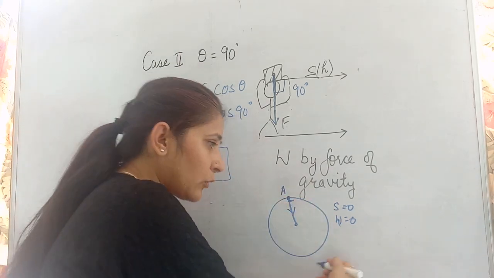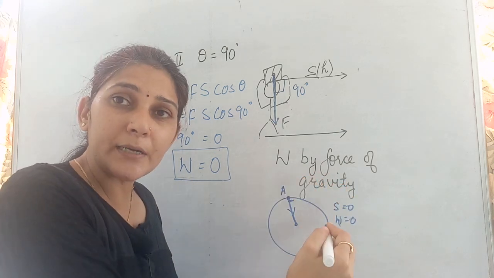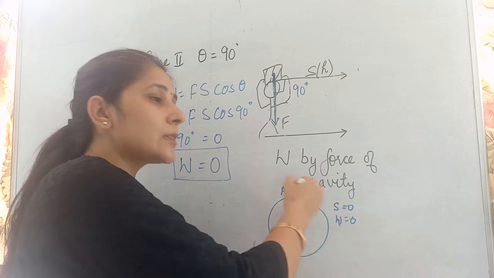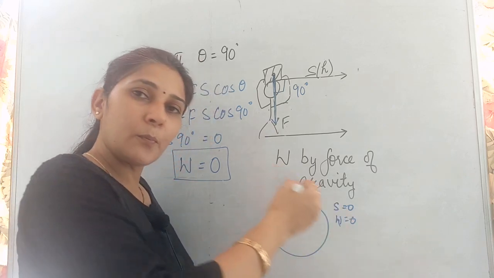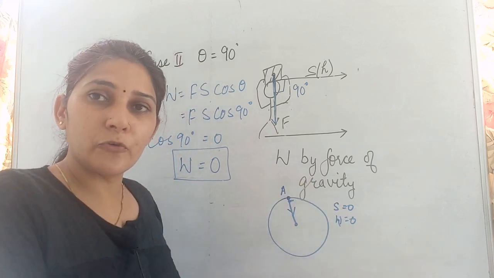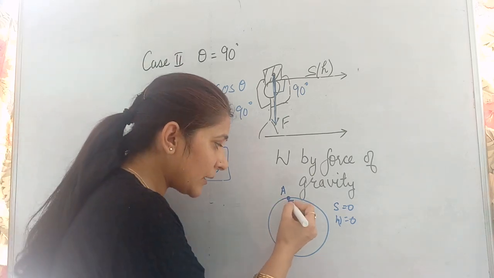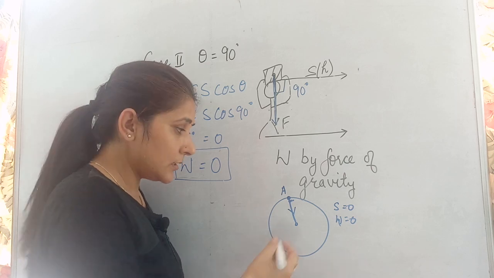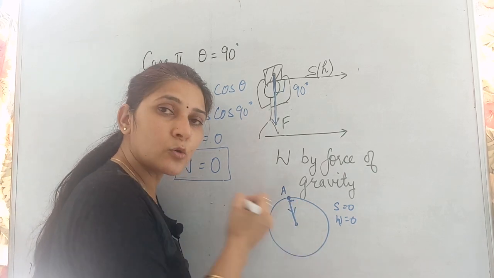Whenever you are talking about circular motion, a centripetal force is always exerted onto the object which is moving in the circular path. This we did in our previous chapter. I hope all of you remember that. Centripetal force is acting towards the center.